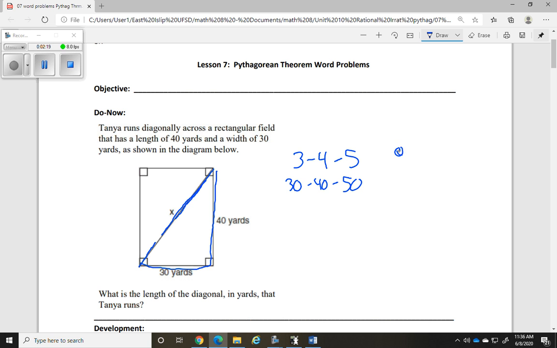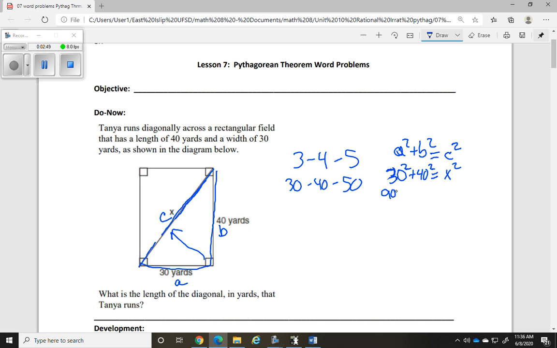We would do a squared plus b squared equals c squared. And since this is the right angle, the x is your c. So I'll call this a and this b. So 30 squared, my pen's not working properly right now, plus 40 squared equals x squared.